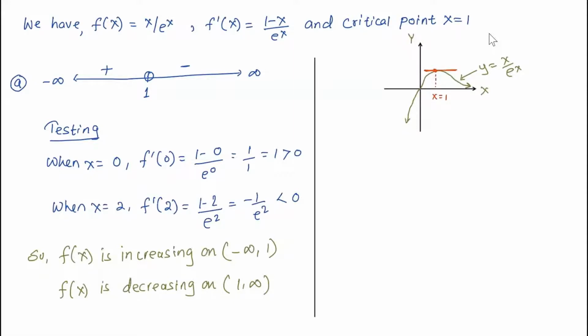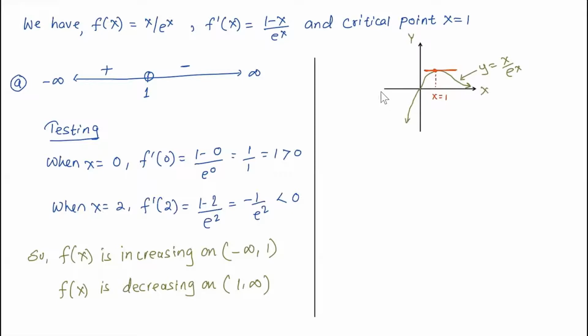Now, if you analyze the graph properly, you can see for all values of x less than 1, that is from negative infinity up to 1, this graph is going down if you look from right to left. But we always check from left to right. If you go from left to right, check here.